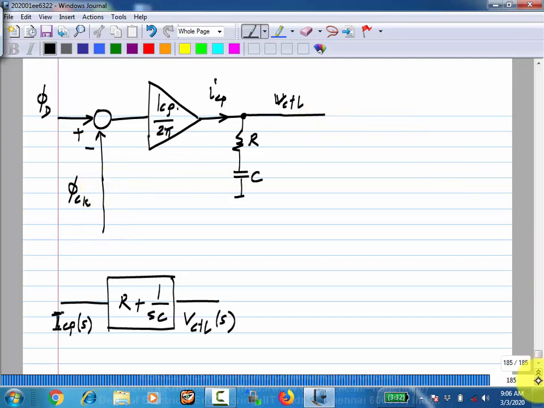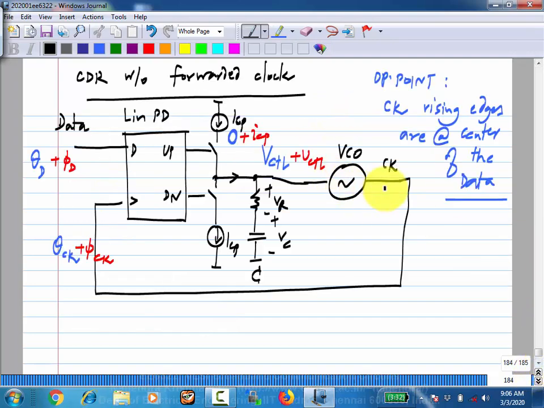Now, what is missing is the VCO. So, what is the incremental model of the VCO? So, essentially, when you have this increment, the VCO will be operating at some frequency, right? So, at the operating point, theta clock, which is the theta VCO, is equal to basically 2 pi f naught t plus 2 pi k VCO integral V control dt.